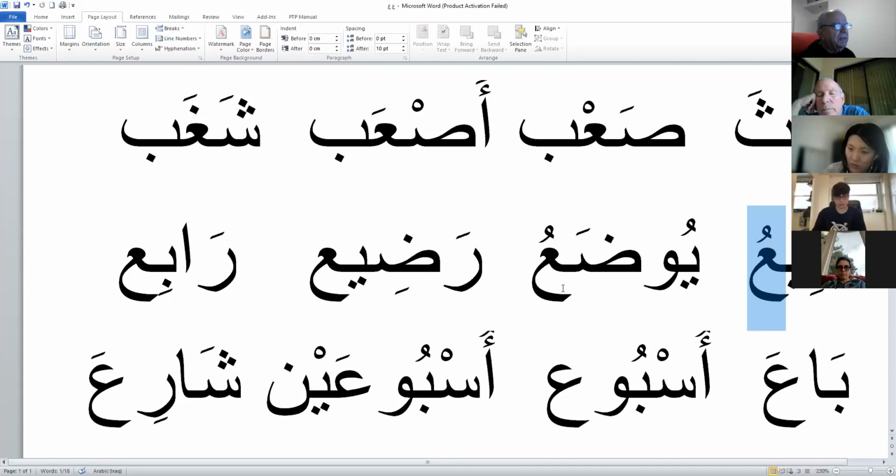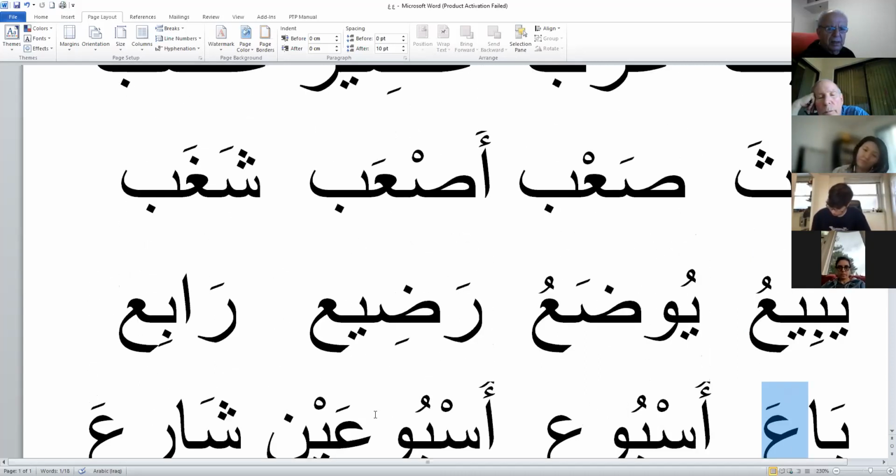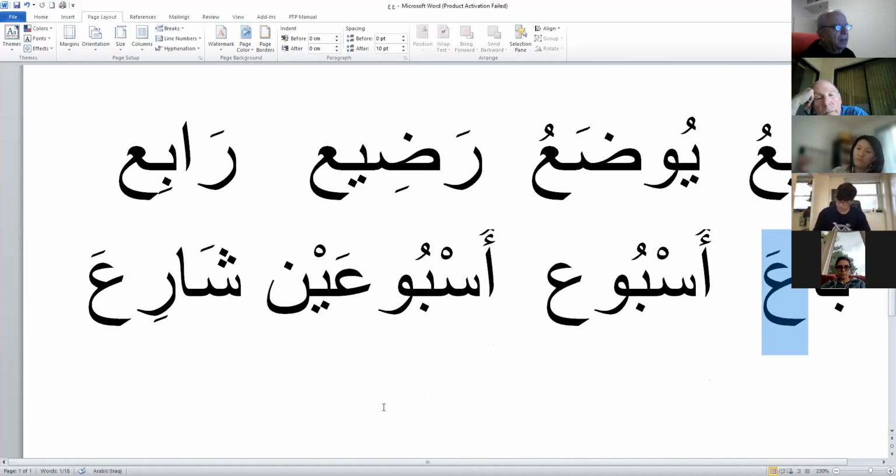If it's a ghain, it's just a dot on the top, the same thing. Now this is the way it looks when it is not connected: the open mouth with the tail. When it is not connected, it looks a little bit like when the ha is connected.